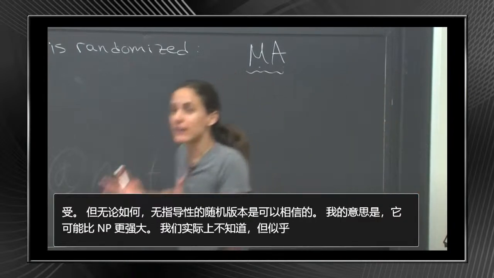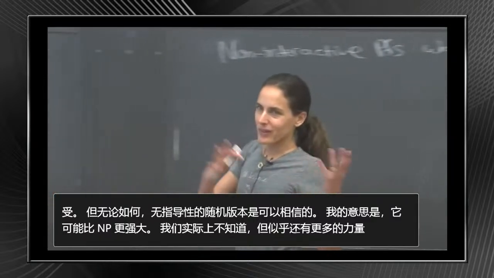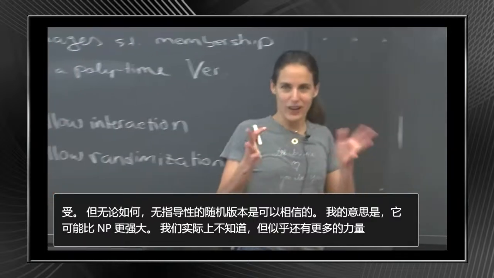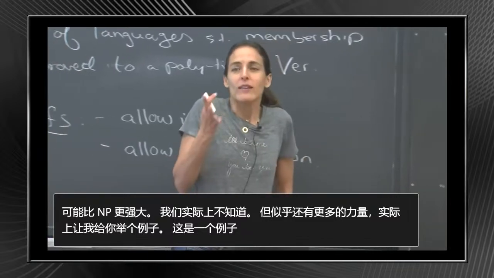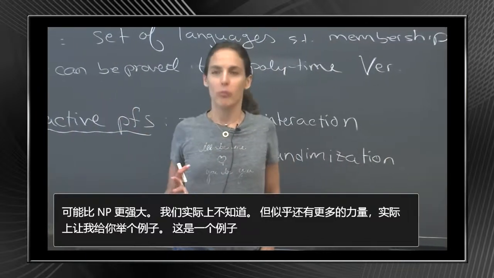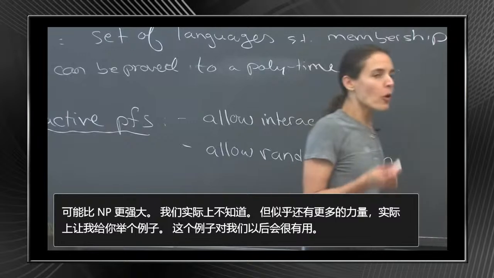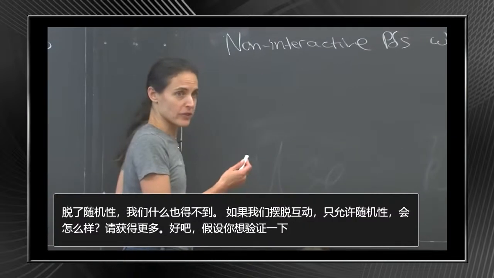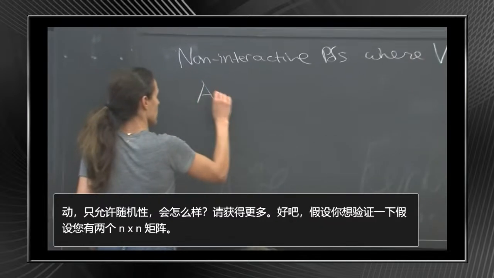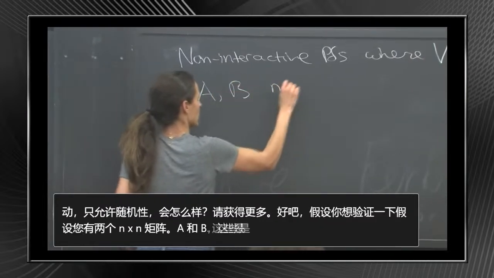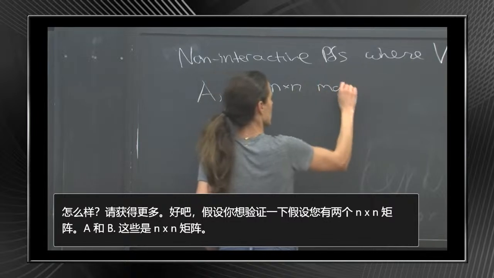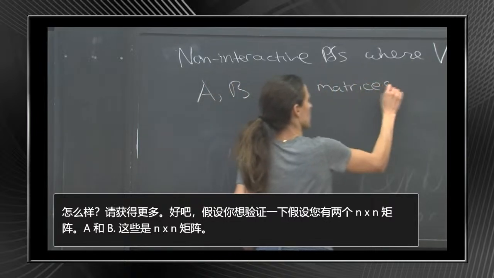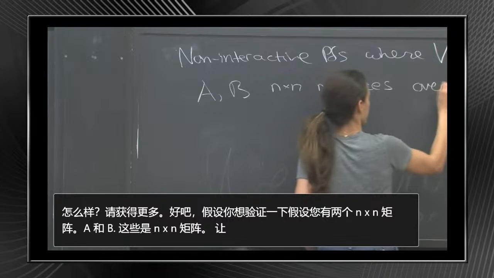And actually, let me give you an example. This is an example that will be useful for us later, so it's not only an example. It's an example where randomness can be helpful for us. Suppose you have two n by n matrices, A and B, let's say over 0, 1, or over a finite field.